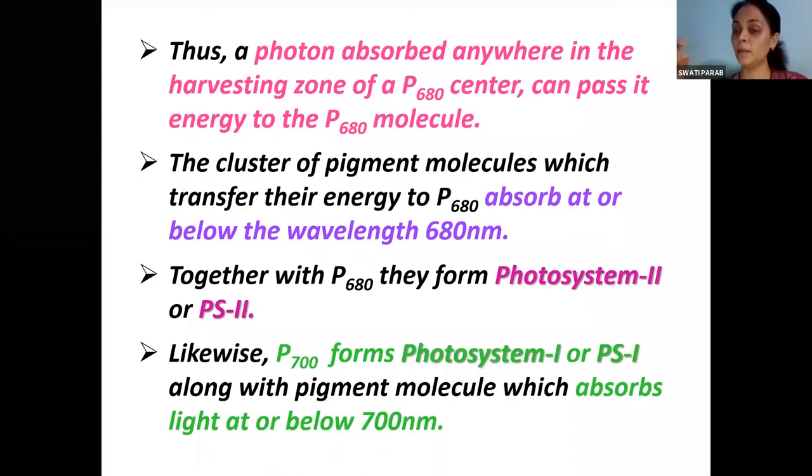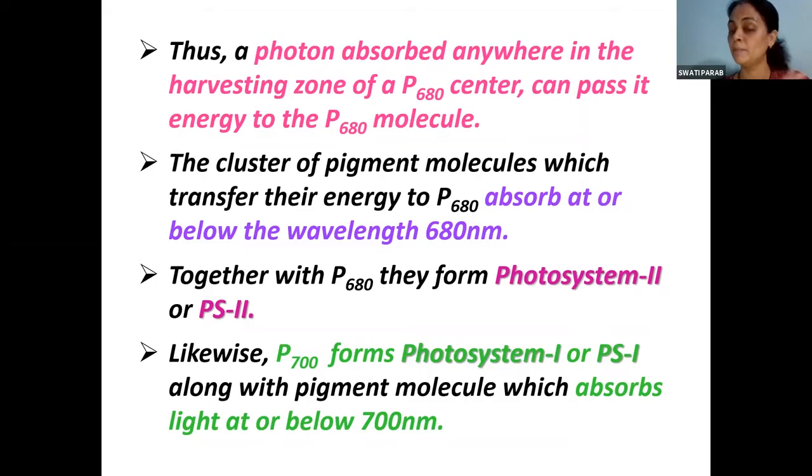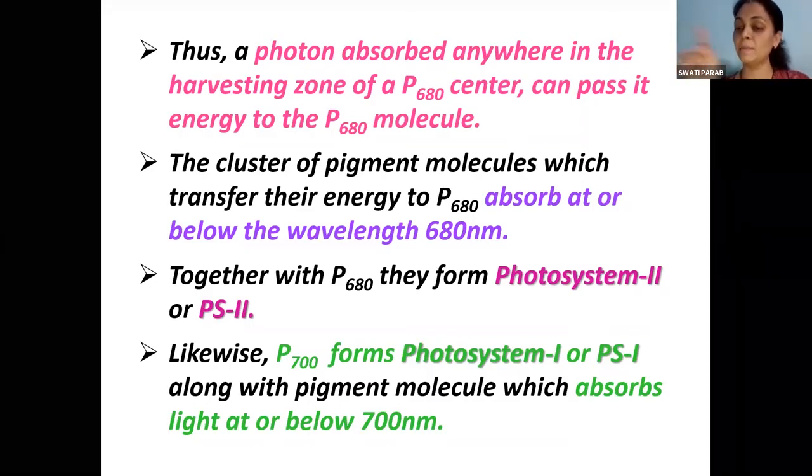If they are absorbing light energy up to 680 wavelength, then it is the P680 chlorophyll molecule. If it is absorbing light energy up to 700 nm, then it is the P700 chlorophyll molecule. P700 will be represented as PS1 and P680 as PS2. So what we have to remember here is this: P680 is PS2 and P700 is PS1.